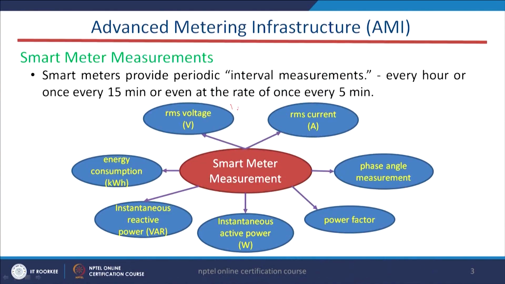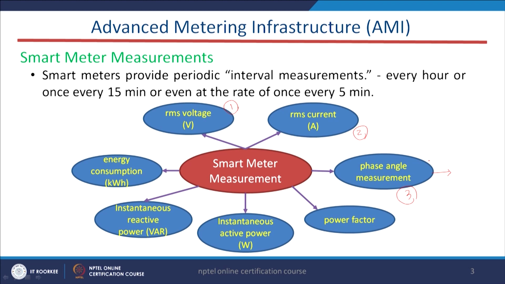Now, next we will talk about the measurements we obtain from the smart meter. The first one is the RMS voltage, the second one is RMS current, and the third one is phase angle measurement. The phase angle is the angle between the voltage and the current of the particular network, or customer network, where the loads are connected.